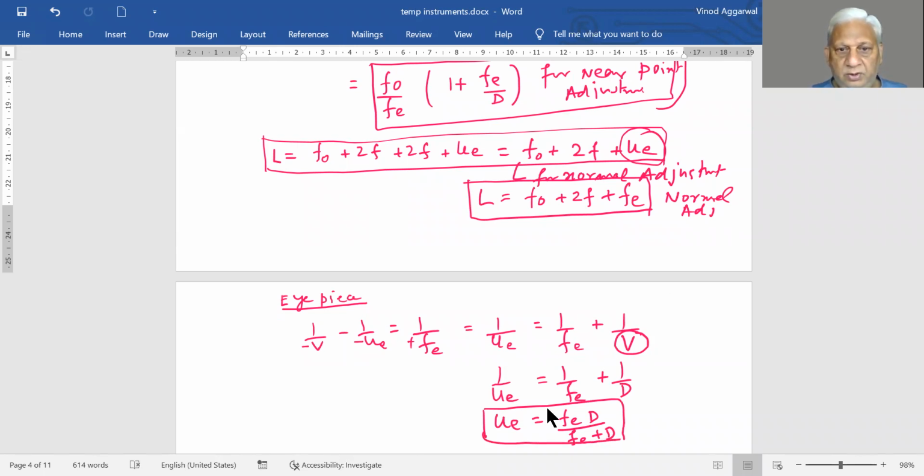Now, if we substitute this UE in this equation, what will happen? This actually is not, this is unadjusted. And it becomes normally adjusted only if we substitute UE with FE. So our unadjusted value is plus UE.